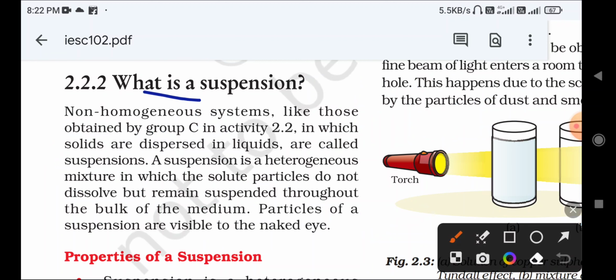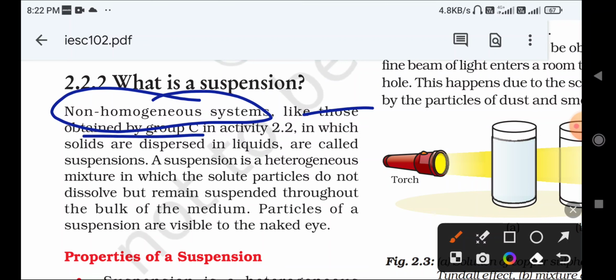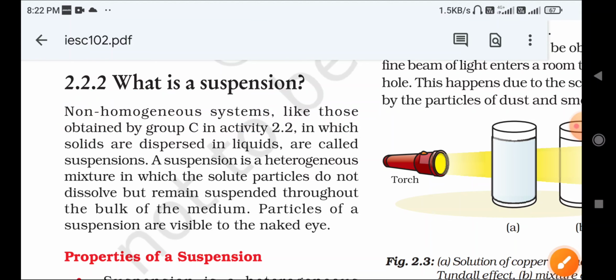Suspension is non-homogeneous, meaning a heterogeneous mixture only, like those obtained in group C in activity 2.2. We performed that activity earlier.